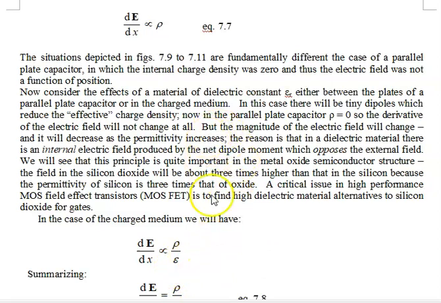We have fields set up by those little tiny dipoles which are in the opposite direction of the external electric field, and therefore the slope of the electric field with respect to x is proportional, in this case, to 1 over the permittivity.